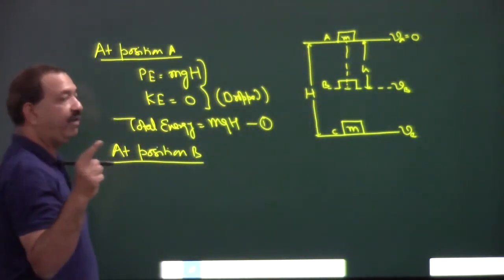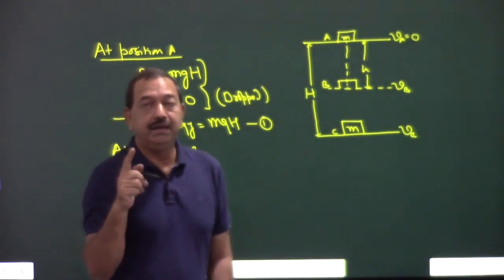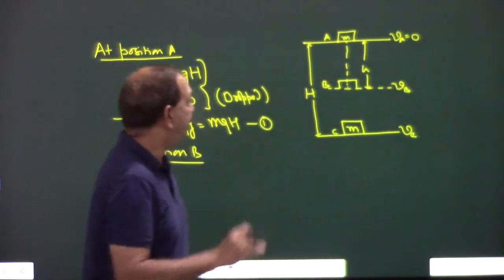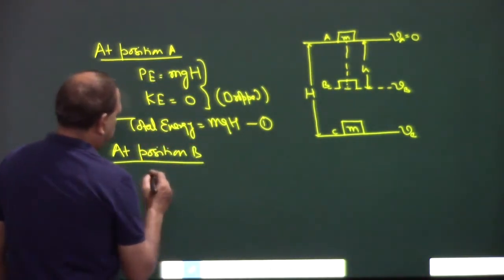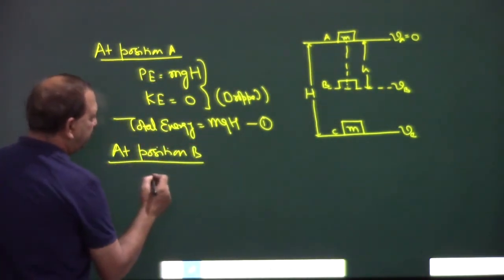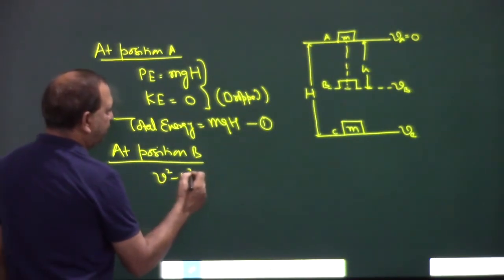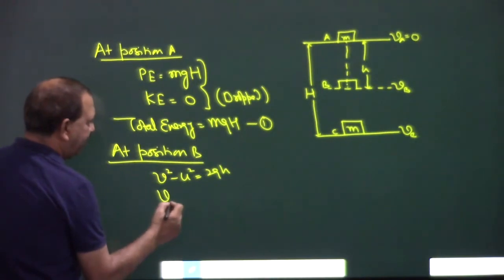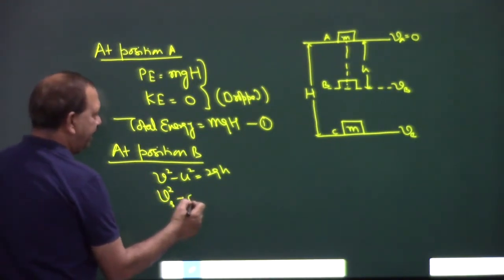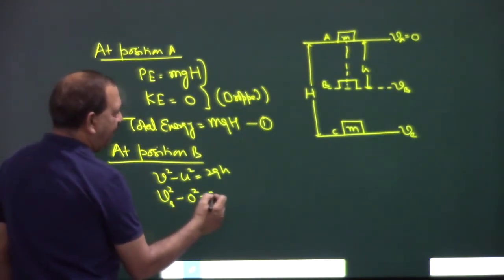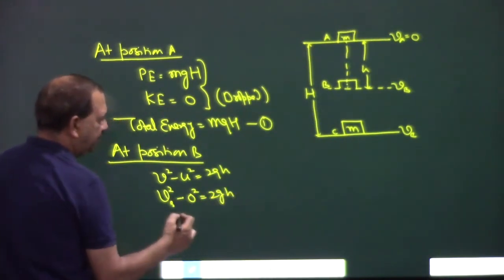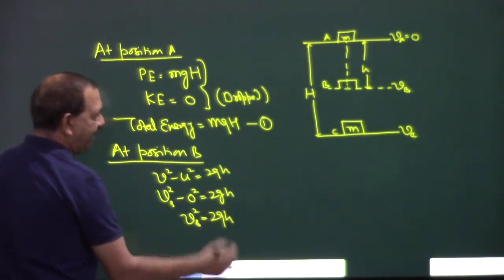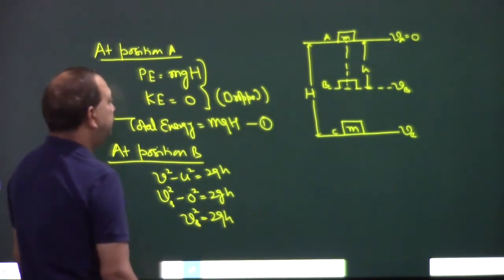First we need to find the velocity at B, only then we can find the kinetic energy at B. Using the equation of motion, v square minus u square is equal to 2gh. Velocity at B is vb, initial velocity is 0, and it has fallen by h. So vb square is equal to 2gh.